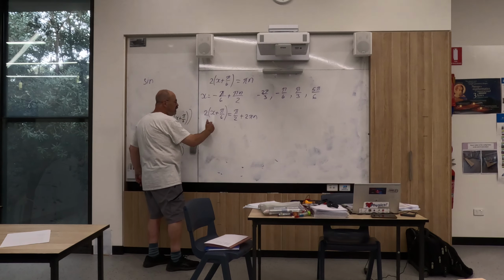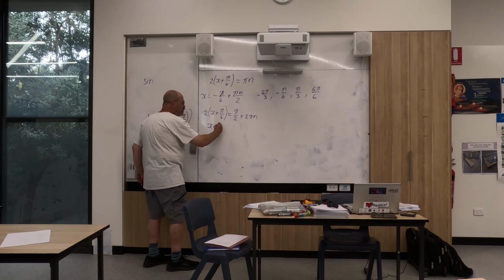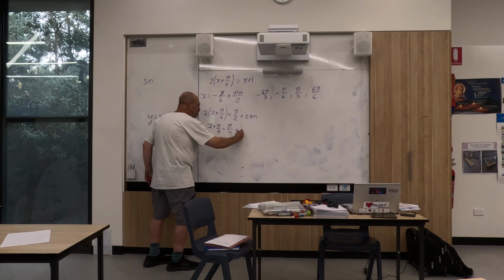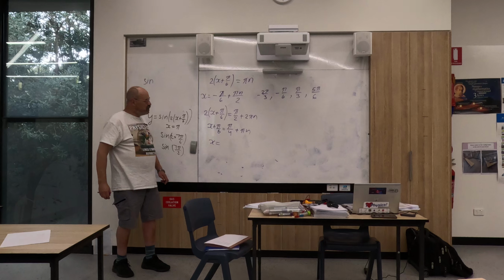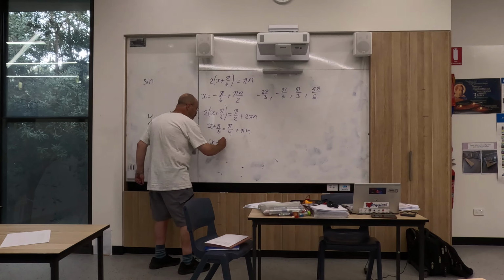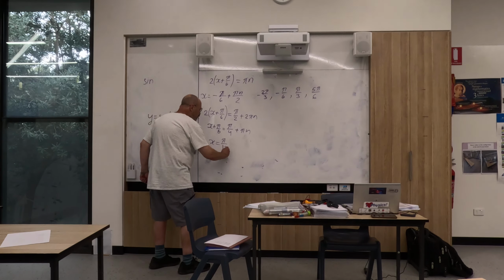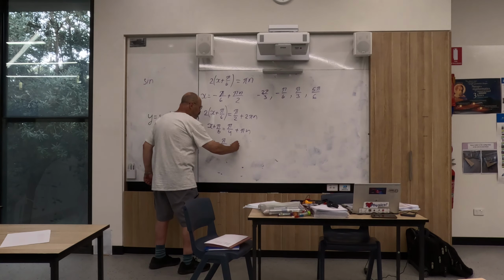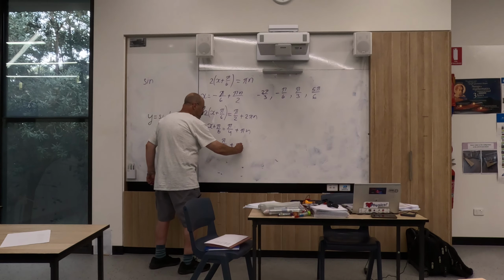Solving this, we get x plus pi on 6 equal to pi on 4 plus pi n. So x equals pi on 4 minus pi on 6. Again, 1/4 minus 1/6, we get 3 minus 1 over 12, so x equals pi on 12 plus pi n.